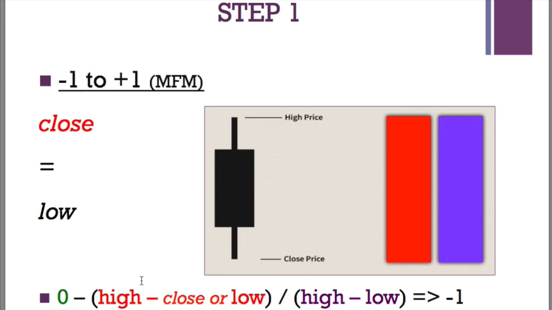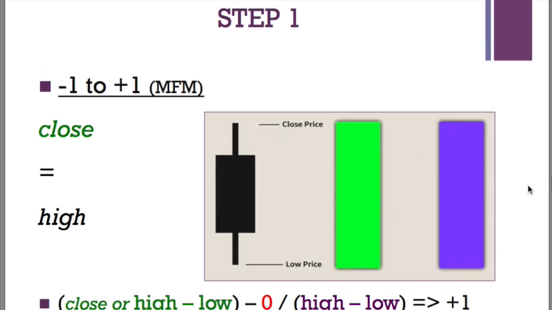Then the rest of the formula, the high minus the close, but the close is the low. So you get actually the high minus the low, divided by high minus low. This gives -1. This area divided by this area. It's the same order, so -1.